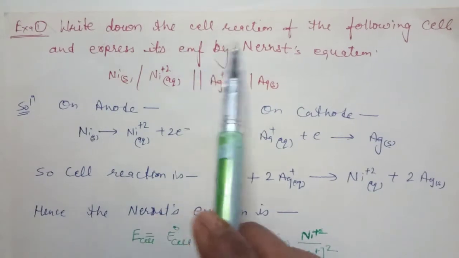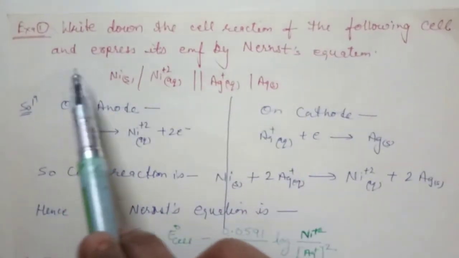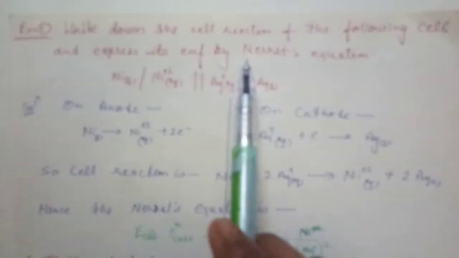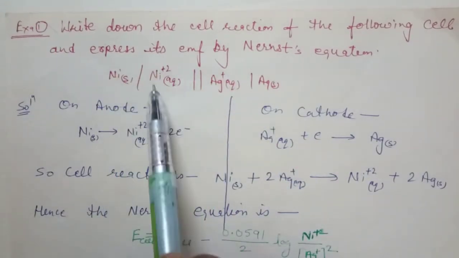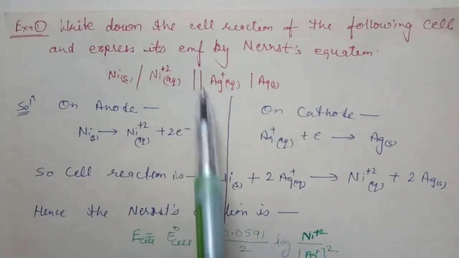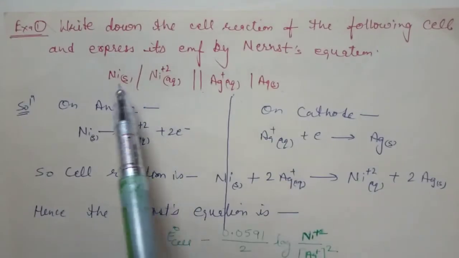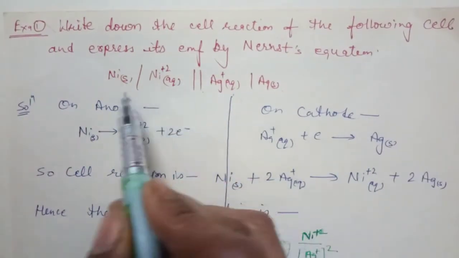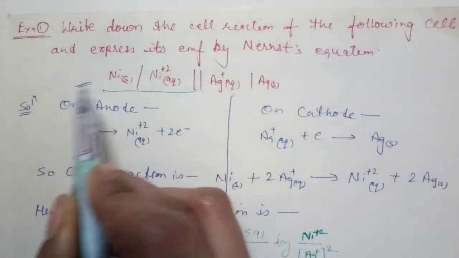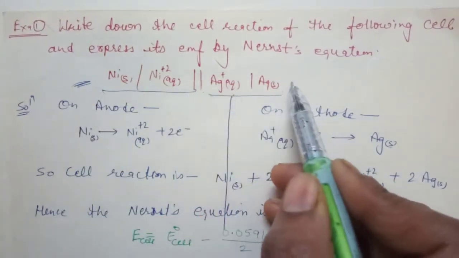Now see the examples related to the Nernst equation. Write down the cell reaction of the following cell and express its EMF by the Nernst equation. Its representation is given as Ni(s) | Ni²⁺(aq) || salt bridge || Ag⁺(aq) | Ag(s). In the representation of a galvanic cell, the left is the anode and the right is the cathode.